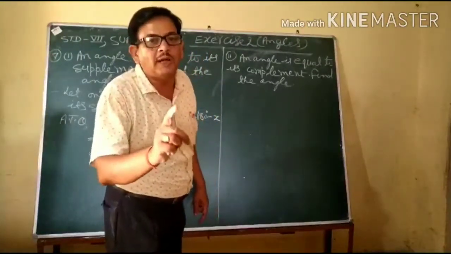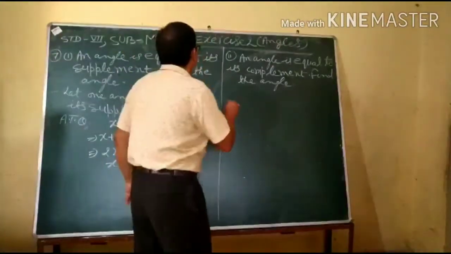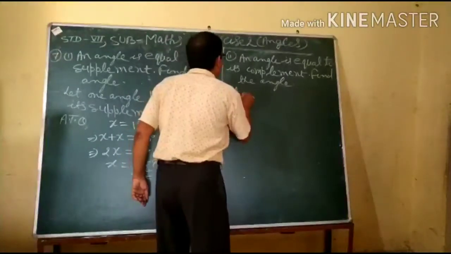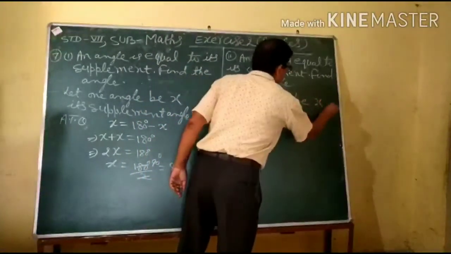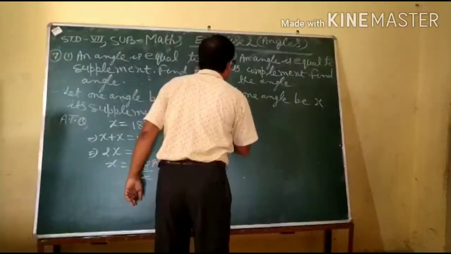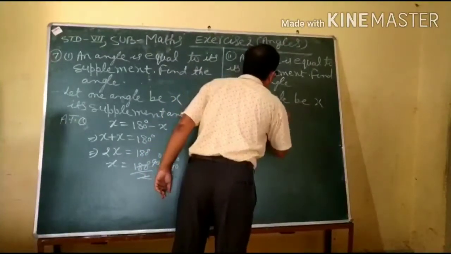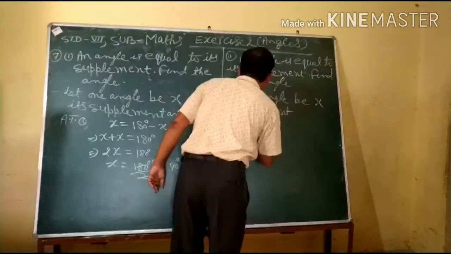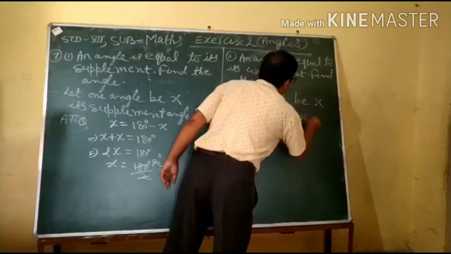The sum of two angles is 90 degrees, that is called complementary angles. Let one angle be x. Now its complement angle is equal to 90 degrees minus x.